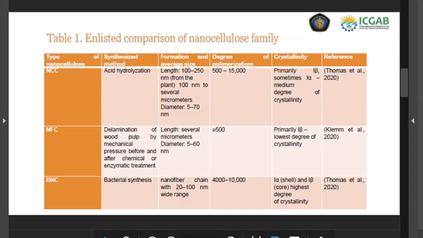While the bacterial nanocellulose is produced from bacteria and also known as the bottom-up method. The formation and average size you can see on this table.